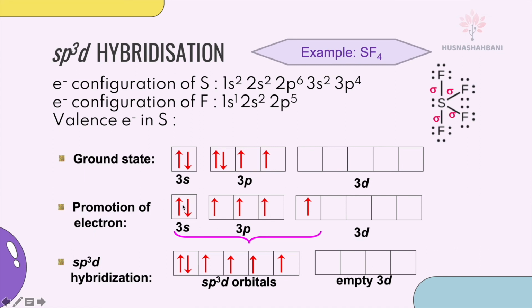This paired electron is for the lone pair of S. So mix together all the orbitals, making sp³d orbitals. One s orbital is involved, 3 p orbitals involved, and 1 d orbital involved. That's why the name is sp³d orbitals. And one of the sp³d orbitals has a paired electron because this compound has 1 lone pair.